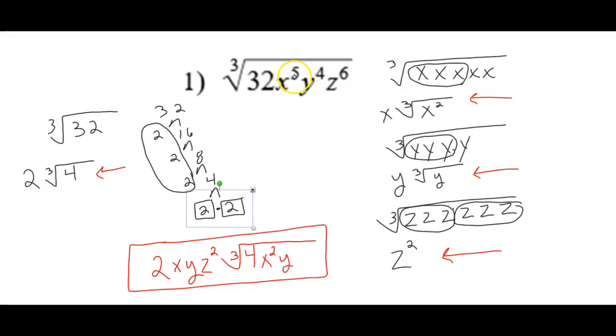If I wanted to take the cube root of x to the 5th, all you're going to think about is 5 divided by 3. Well, 3 goes into 5 one time, so that means 1 x can come out front. But you would have a remainder of 2, which means 2 remain underneath. So it would be x times the cube root of x squared.